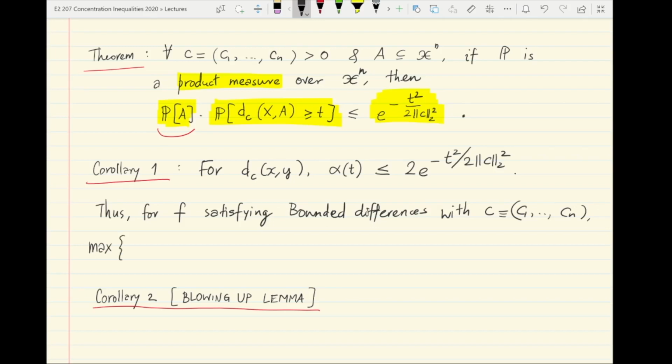We have that the max of both these quantities, f of x exceeding M f of x, which is any median, plus t, as well as f of x being at most M f of x minus t.